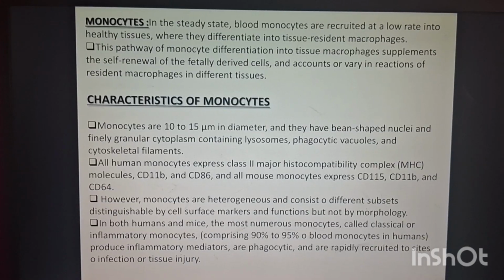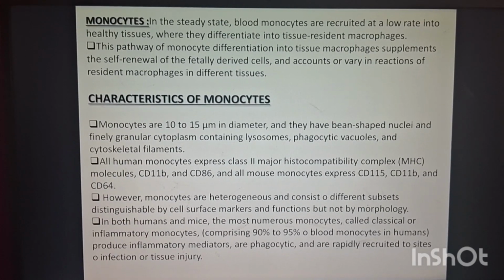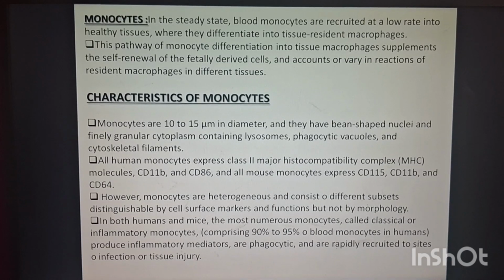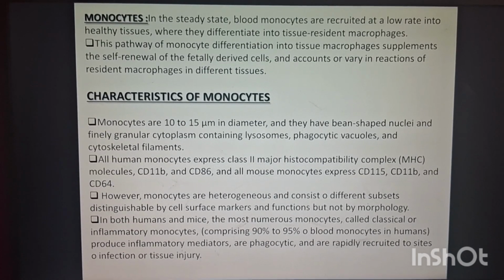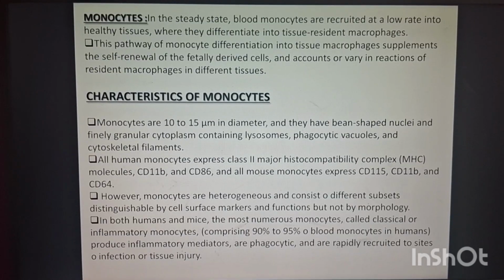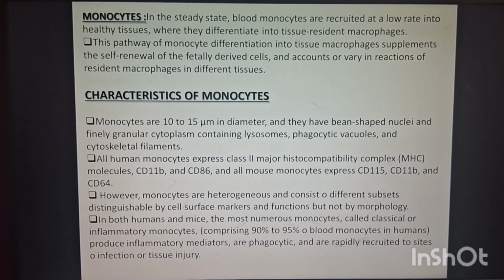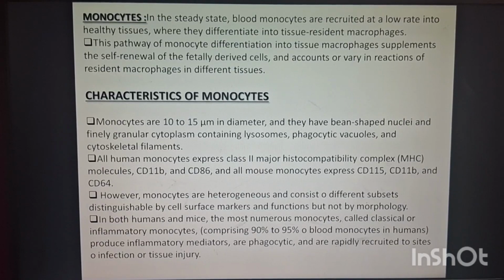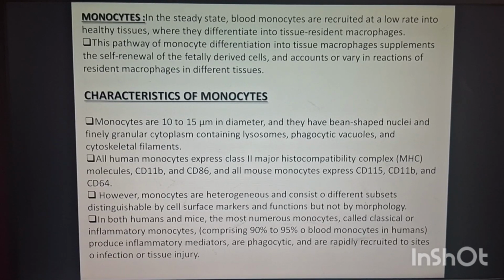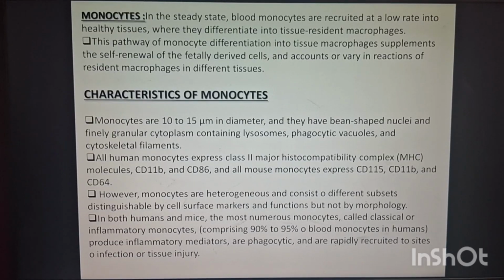Next, characteristics of the monocytes. Here I will discuss the size and structure, subset and surface markers of the monocyte. First, size and structure. Monocytes are 10 to 15 micrometers in diameter and they have bean-shaped nuclei and finely granular cytoplasm which contains lysosomes, phagocytic vacuoles and cytoskeletal filaments.